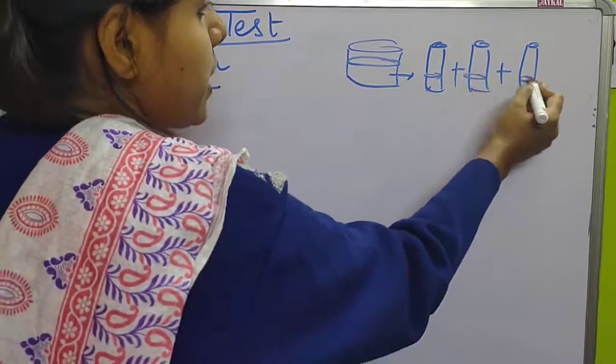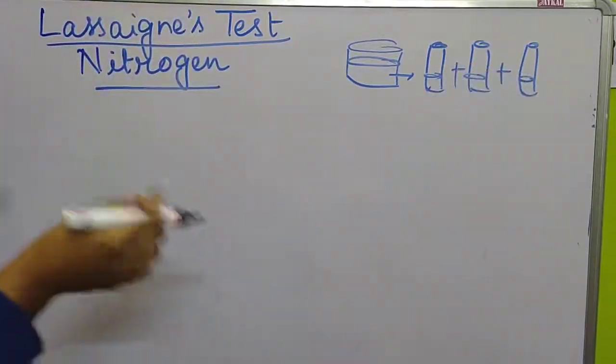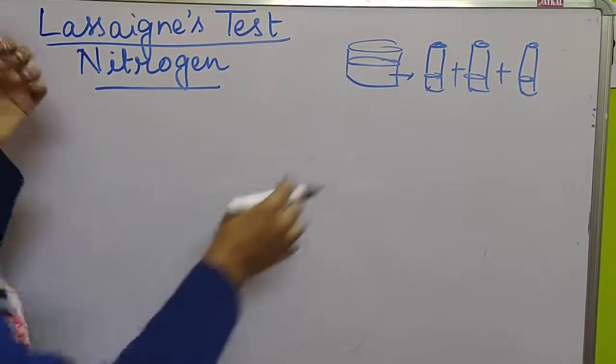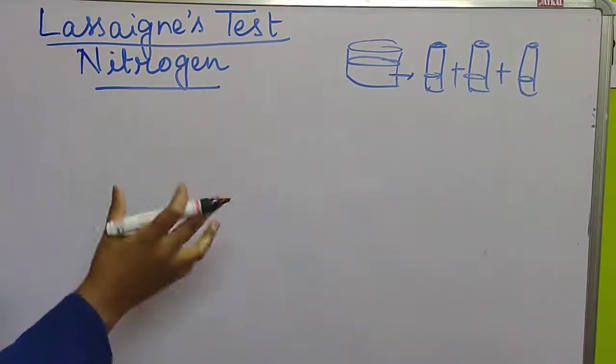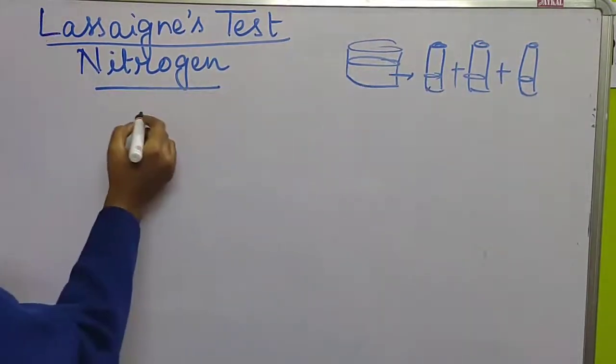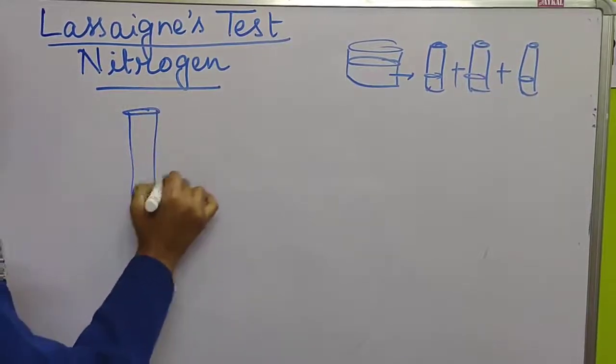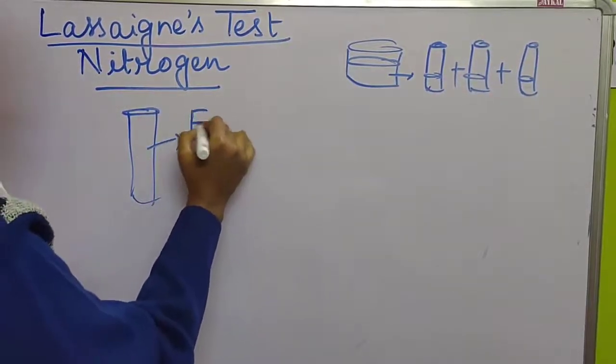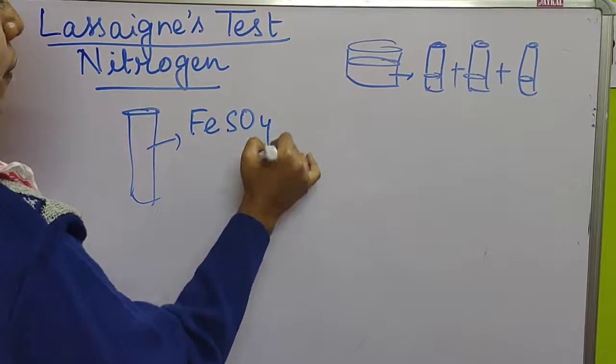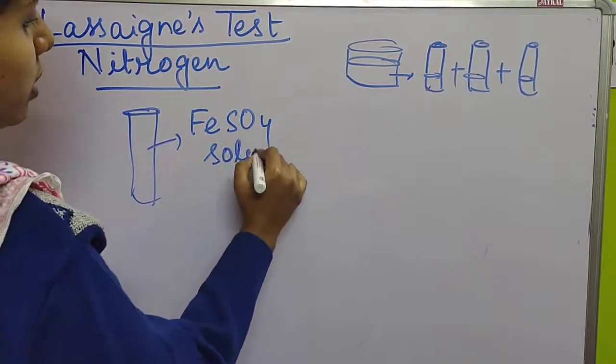You have to separate it in individual test tubes. A very little amount you have to take. So in the first test tube the sodium extract is taken, and in another test tube we will take freshly prepared ferrous sulfate solution.